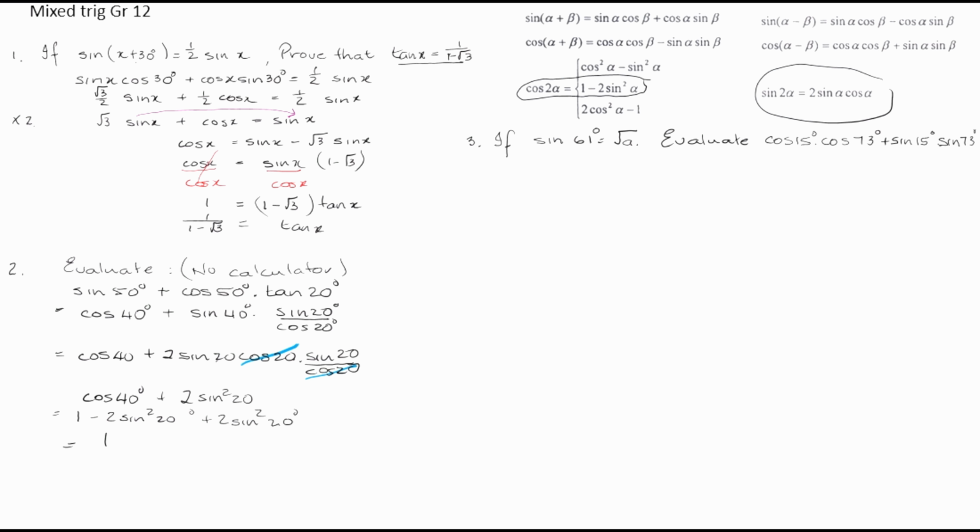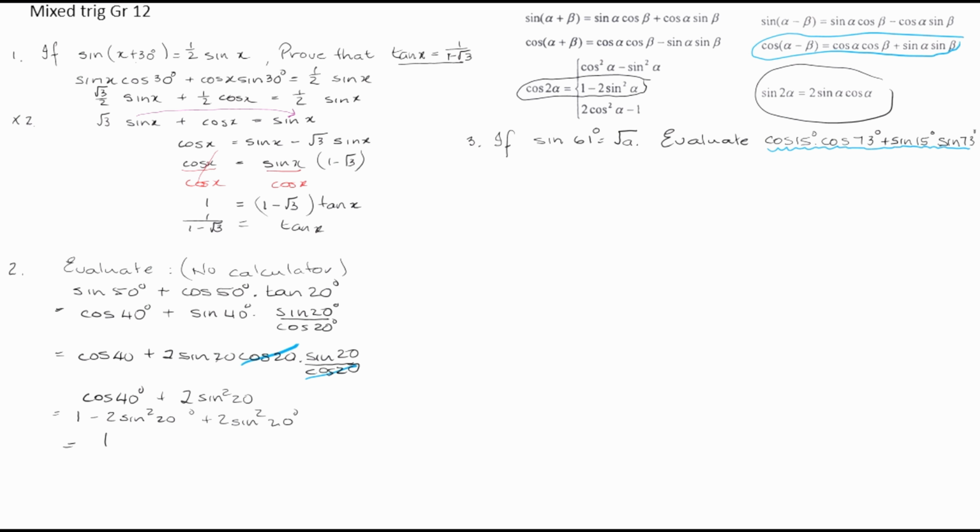The next question. If sine 61 degrees equals root A, evaluate cos 15 cos 73 plus sine 15 sine 73. All right, well, this here is your compound with a plus. Compound cos with a plus is this one over here.